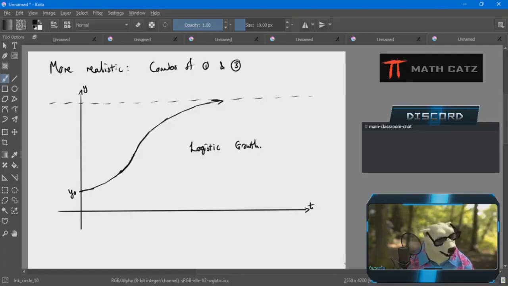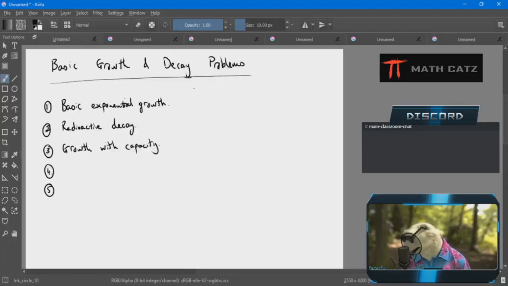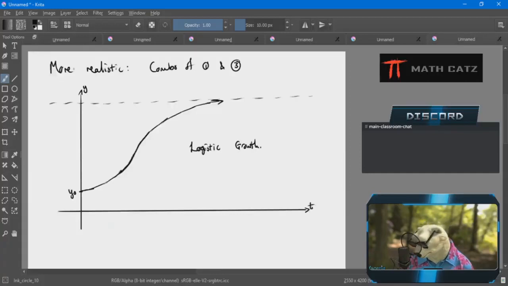It does have a much more complicated differential equation that we should build up to and leave until the very end of our discussion. So next time we will look at number 4 and number 5, other variations of growth and decay with still the same level of differential equation, eventually working our way up to something very realistic. All right.